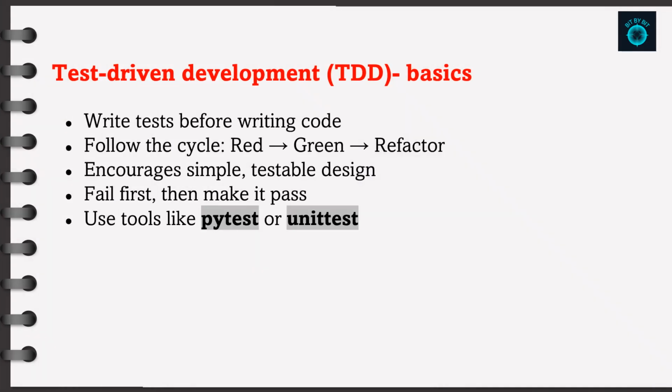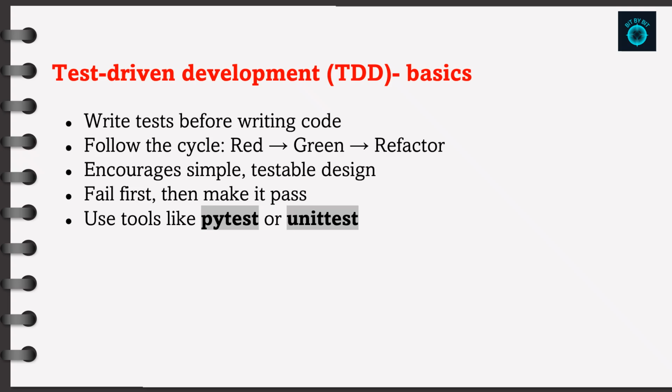Test-driven development, TDD, basics. Test-driven development, or TDD, is a coding strategy where you write tests first before writing any actual code. The development cycle is often described as red, green, refactor. First, you write a test for something that doesn't exist yet.